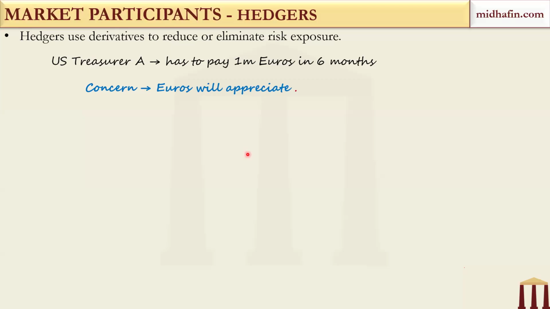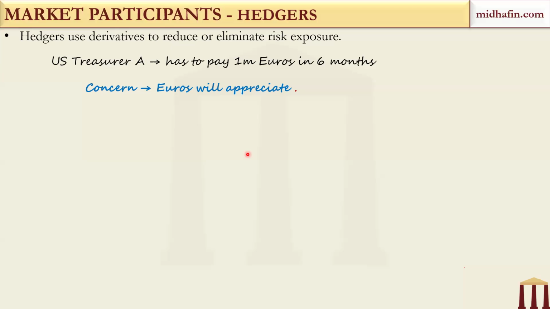So what is the hedging solution? Earlier we have seen the hedging solution using forward contracts. That also can be used, and generally forwards are only used by big institutions. Even banks generally deal in forward contracts more than in option contracts.